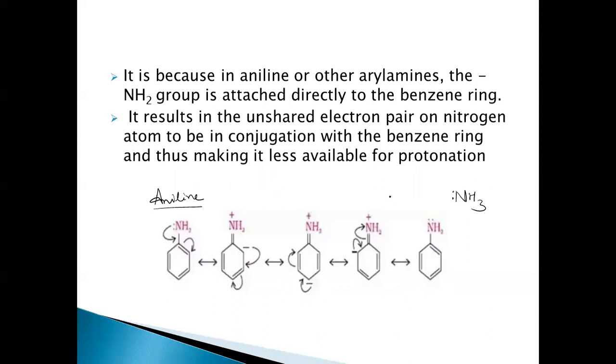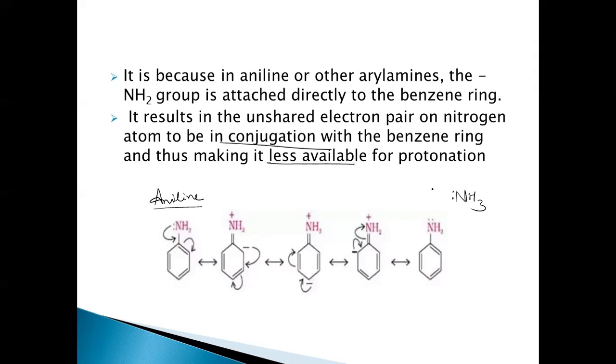What is the reason? The lone pair of electrons on the nitrogen is in resonance with the pi electron cloud of the benzene ring, which makes the lone pair less available for donation, making it less basic. So they're in conjugation with the benzene ring and thus less available for protonation.